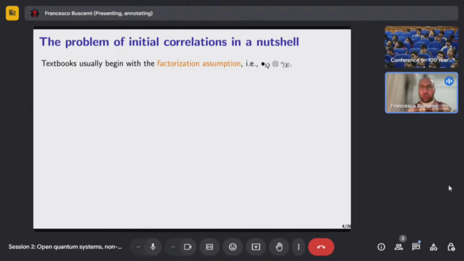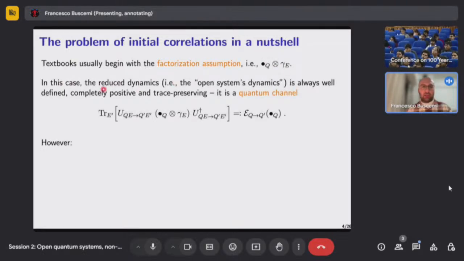And there is a very good mathematical reason for this. If the system starts in a state that is completely uncorrelated, completely independent from that of the environment, then the reduced dynamics of the system, what we call the open system dynamics, is always well-defined.